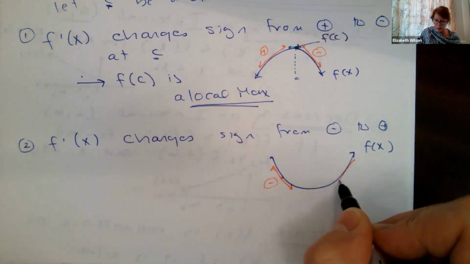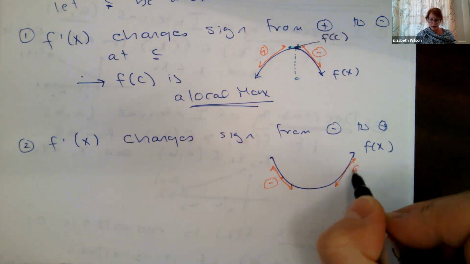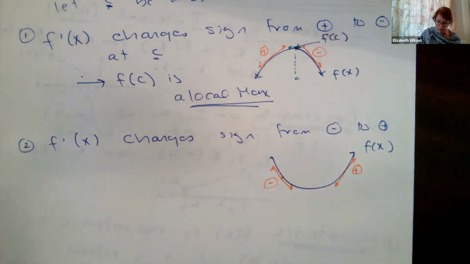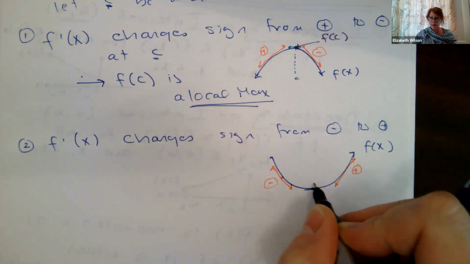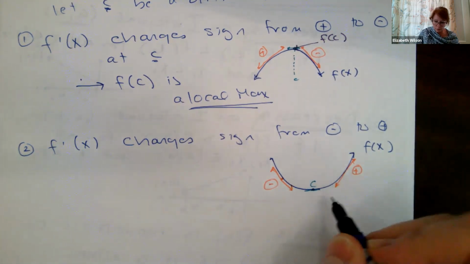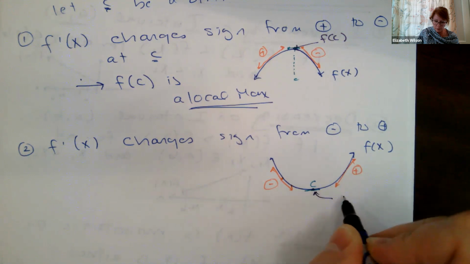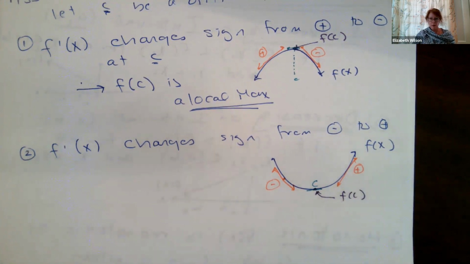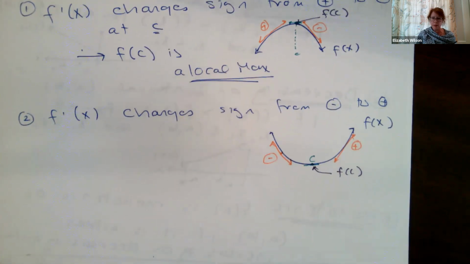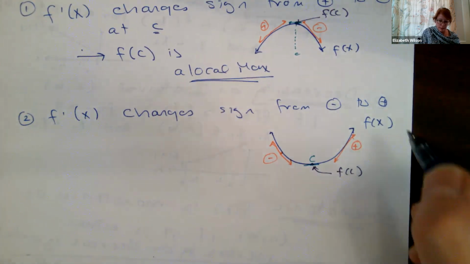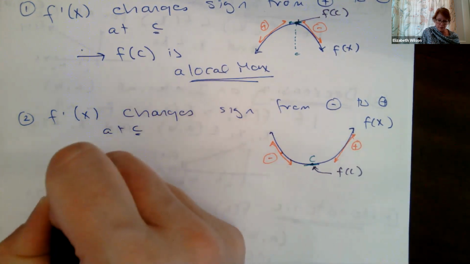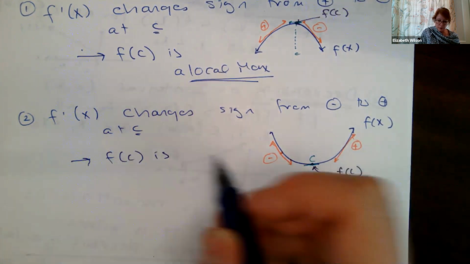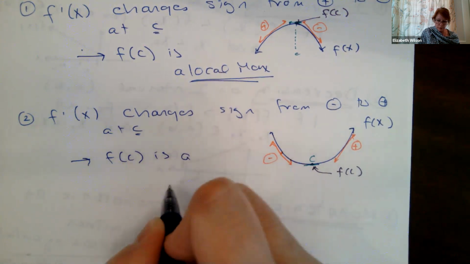My first derivative is now positive, right? And I've got this critical point that I solved for. This is C. And my function value f of C. So if my first derivative changes sign from negative to positive at C, then we say f of C is, can you see it? A local minimum.